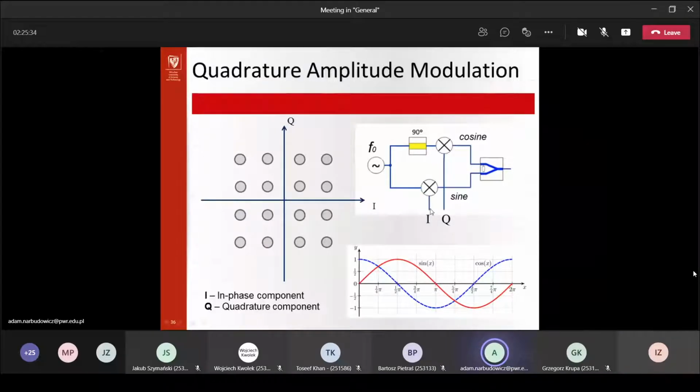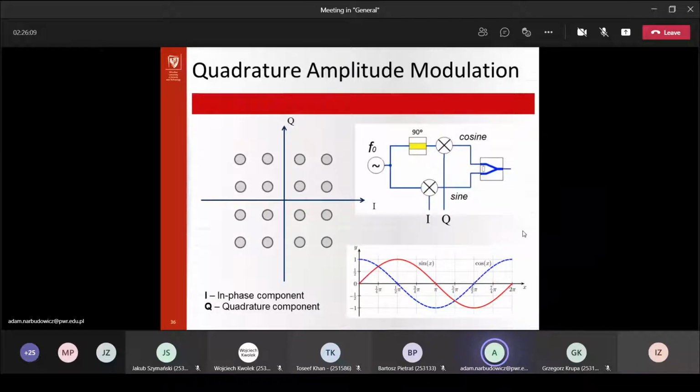Okay, so what I want to talk about in this slide is how it is done in practice. That's one of the reasons why QAM modulation is definitely the most popular one, and pretty much outperformed and expelled most of the other modulation types: in terms of electronic equipment, it is super easy to generate.